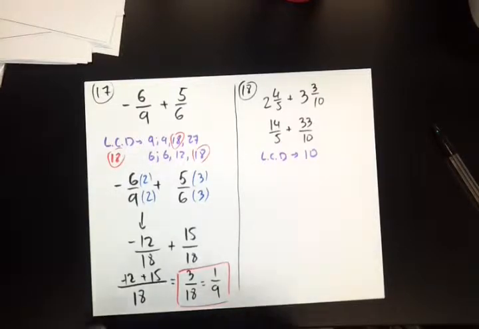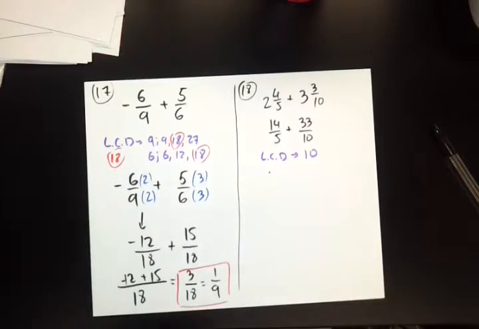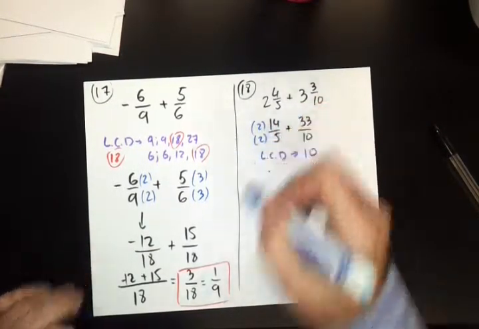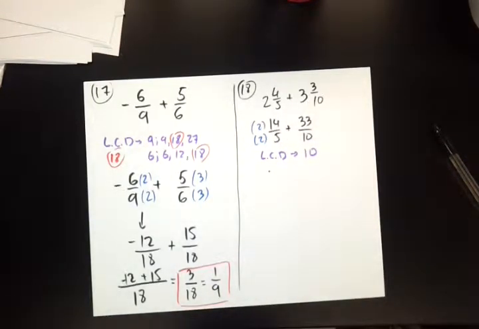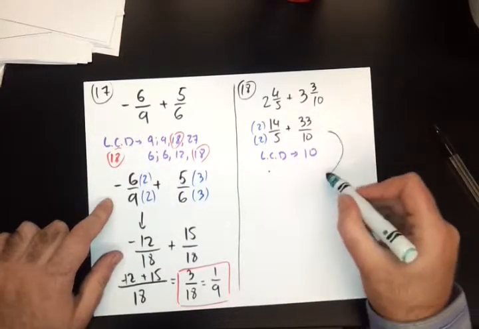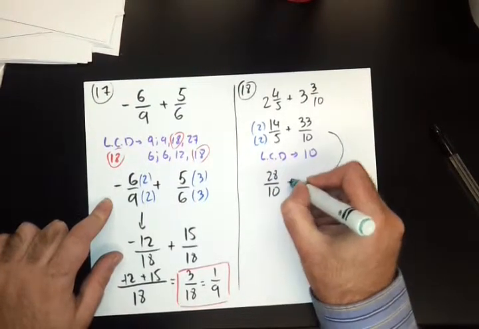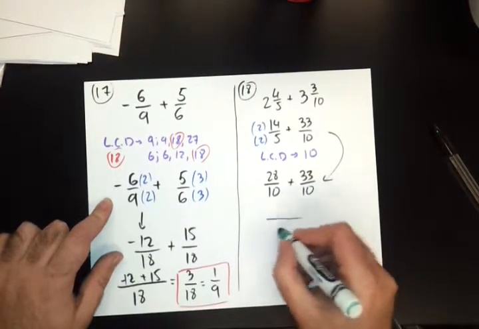So now I'm trying to change both of these fractions so they have a denominator of 10. I don't have to do anything to this one. This one I have to multiply by 2, top and bottom. Again, you could have used method 1 here and 5 times 10 gotten to 50, but why? So then, after the modification, we have 28 over 10 plus 33 over 10, and put them both over 10.